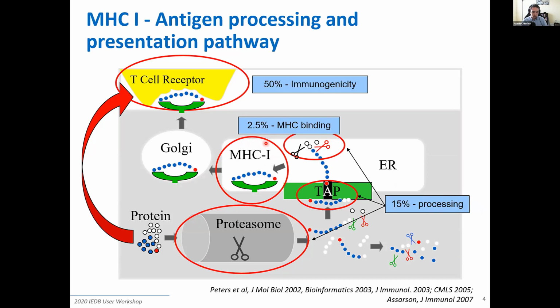Generously, about 2.5% of these peptides will bind to MHC. We estimate that 15% of all possible peptides are generated through the processing pathway. And given peptides that are presented, you can find about half of them in existing T cell repertoires.